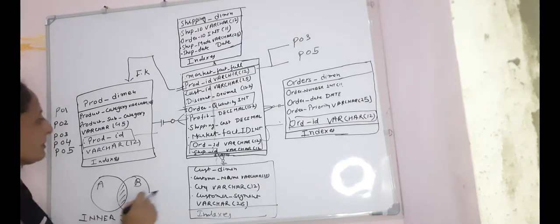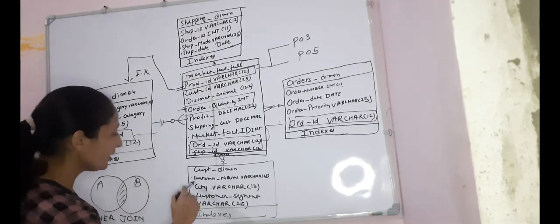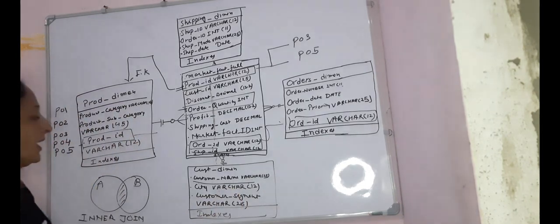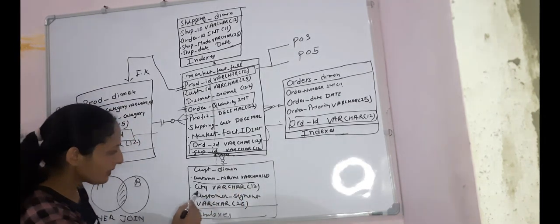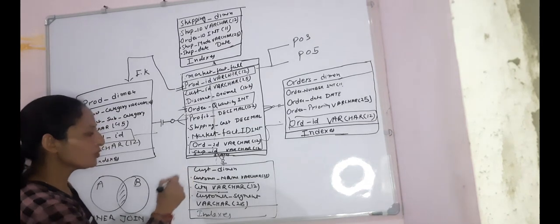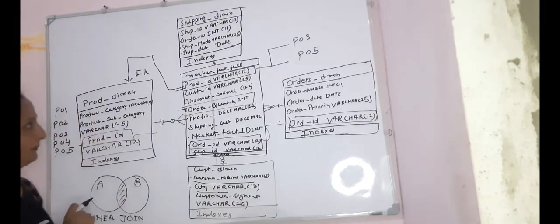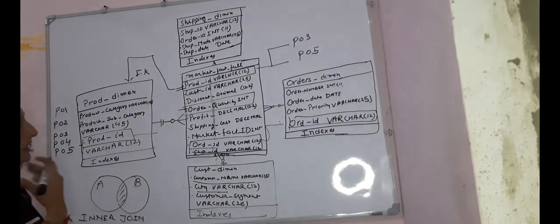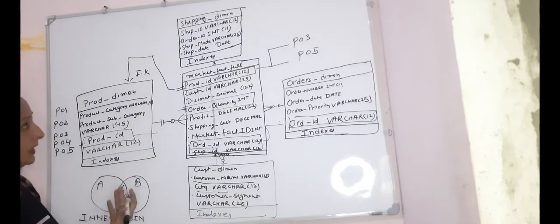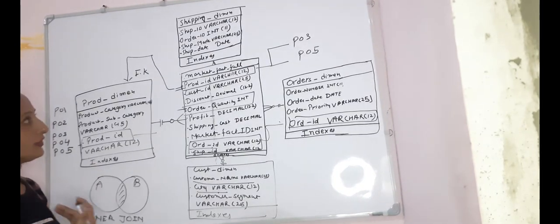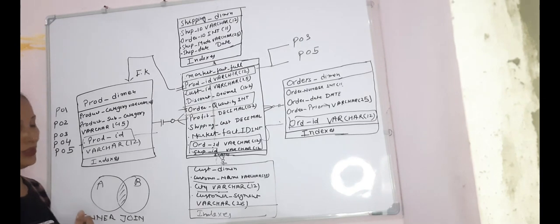Like customer name, if we want details about customer name and customer address, then we should use only the customer dimension table. If we want details of shipping ID and ship date, then we can get the information from the shipping dimension.